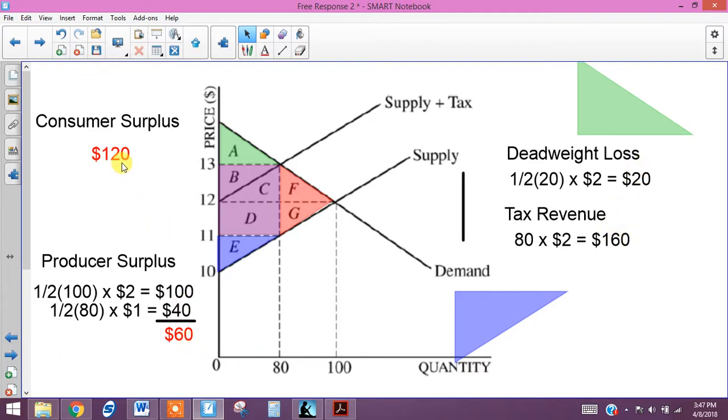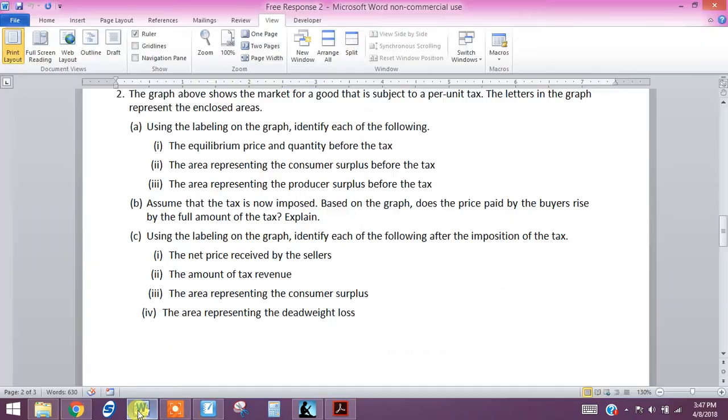We can say we theoretically lost 120 in consumer surplus, but we really can't show it on the graph because we don't have the amount here. I tried trial and error and couldn't get the math to work, so don't worry about that. This is just a theoretical number based on everything else that we know. The important thing is that you identify all of the areas and answer all the questions, and the only time you really need to put in the amounts is when they ask for it.